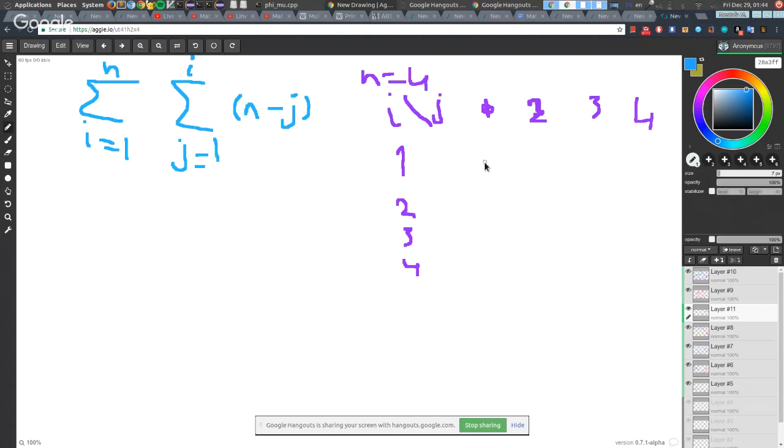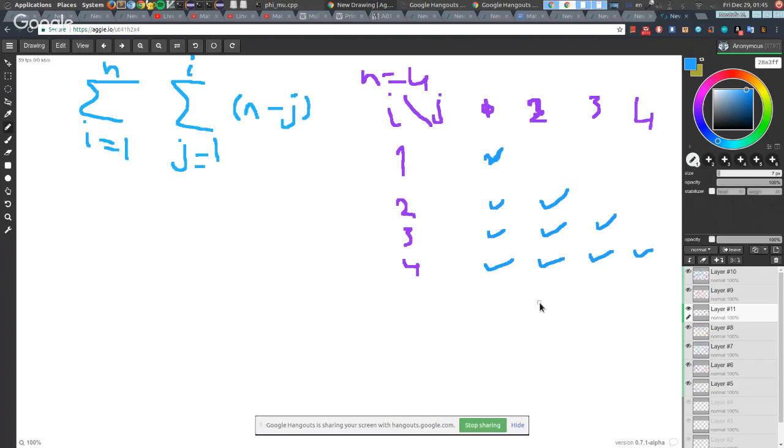So basically here we will add something. If i is equal to 1, we will come to this position. Then if i is equal to 2, we'll visit these two positions in the j. And if i is 3, we'll visit these 3 positions, and if i is 4, we'll visit these 4 positions.